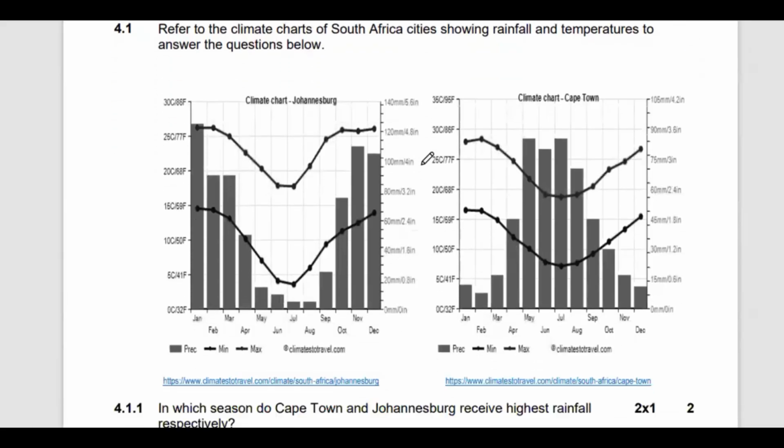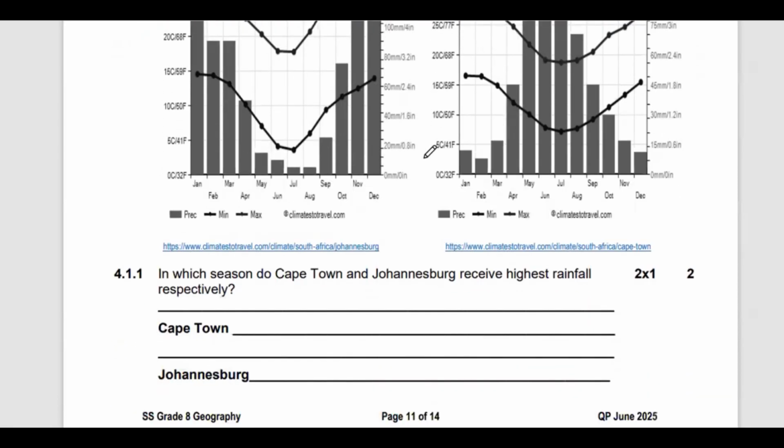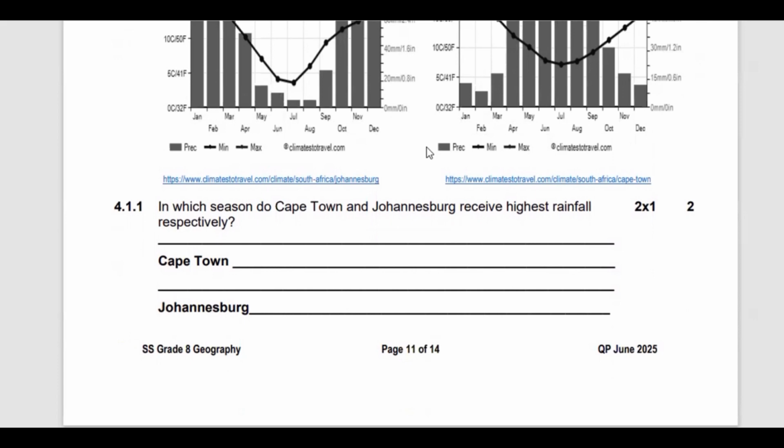Refer to the climate chart of South Africa cities showing rainfall and temperatures and answer the following questions. Let's go to 4.1.1. In which season do Cape Town and Johannesburg receive the highest rainfall? Respectively, Cape Town receives in winter, Johannesburg receives in summer.